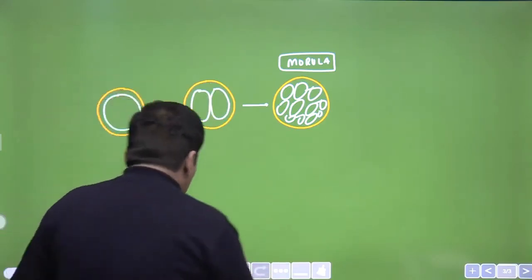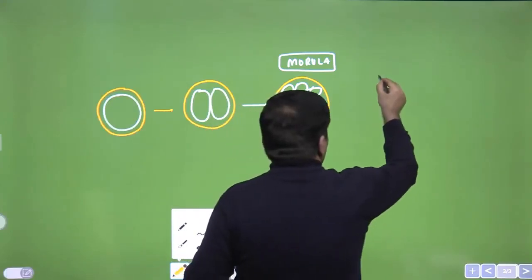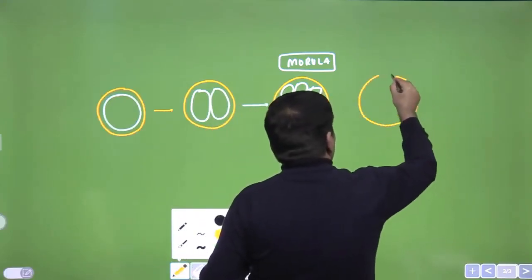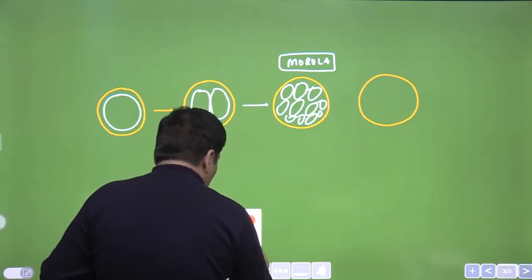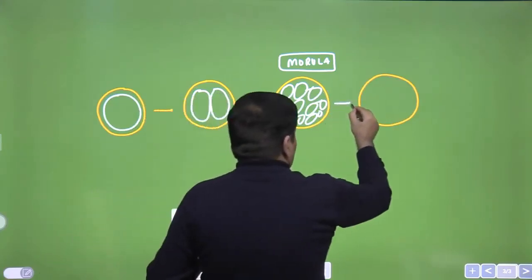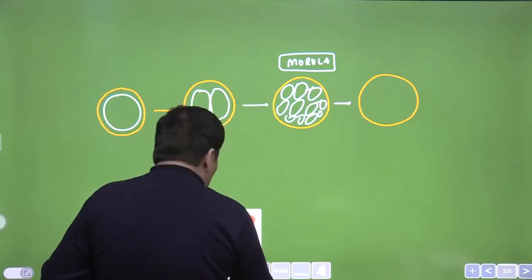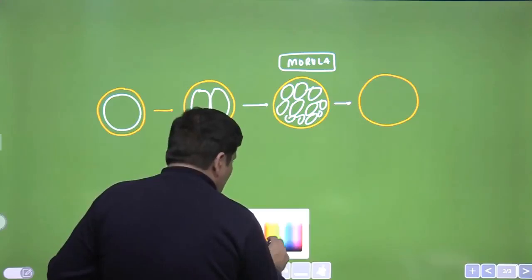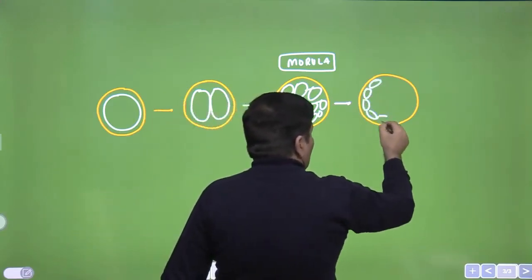That means they are arranged into 2 layers. Remember, it is still surrounded by the zona pellucida. There is no overall increase in the size of the overall structure, and these cells get organized into two different layers or parts. One would be an outer cell mass.